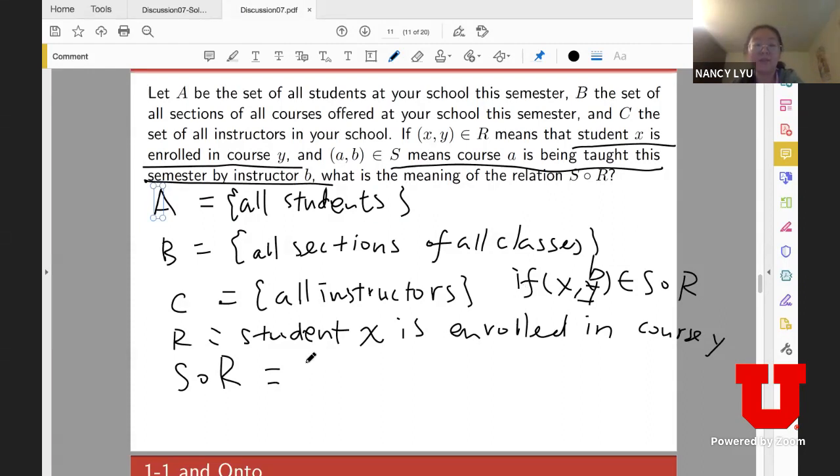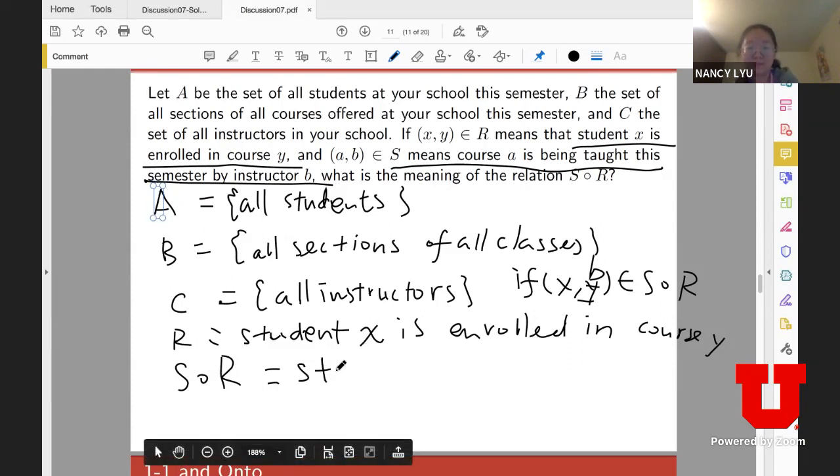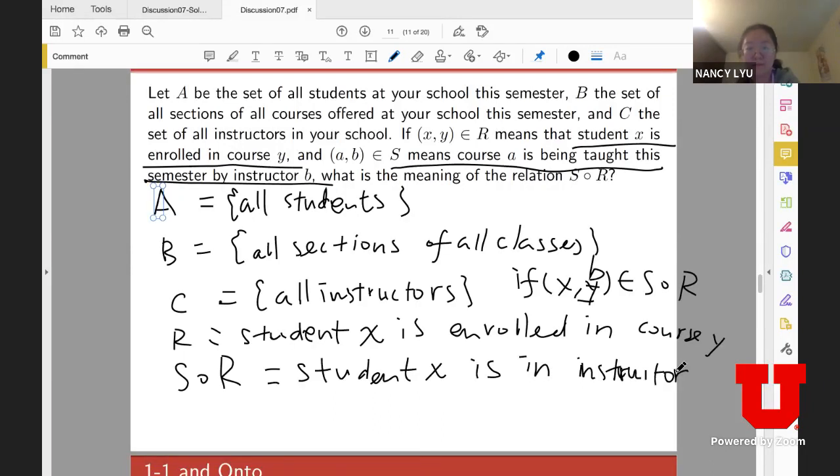So the composition of S and R would just mean that student X is in instructor Y's class. Or B.